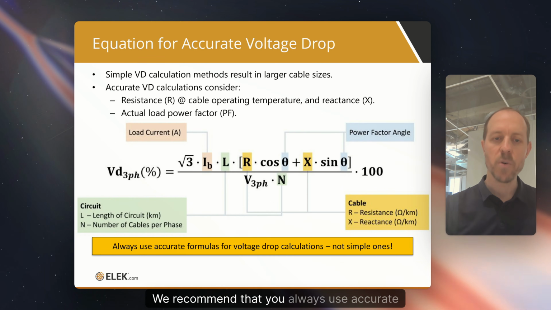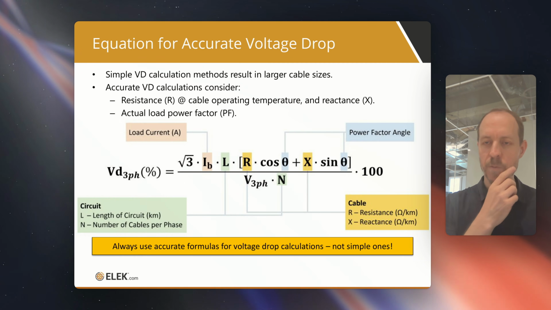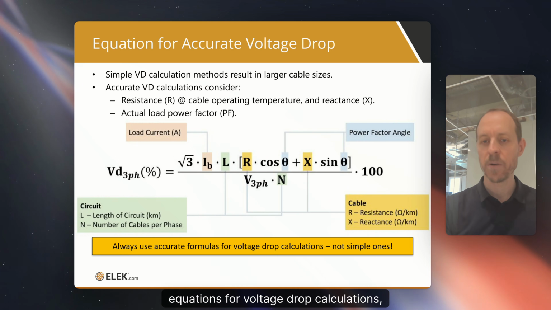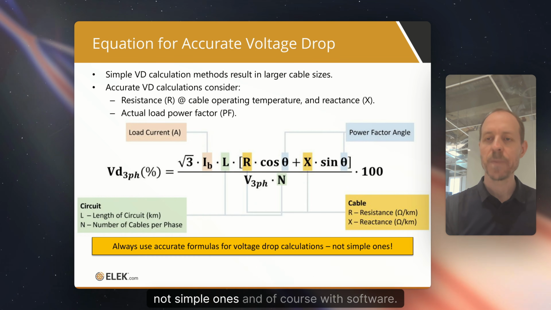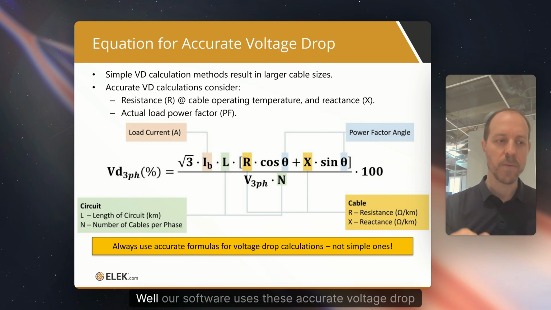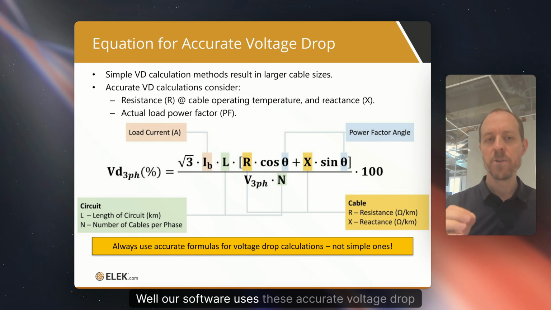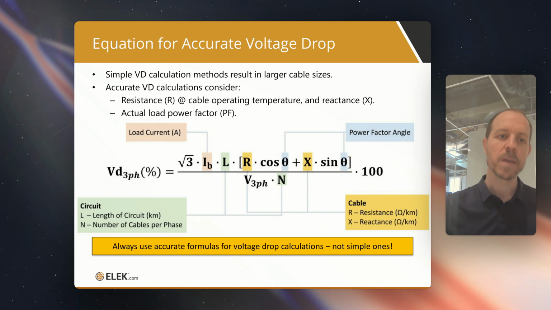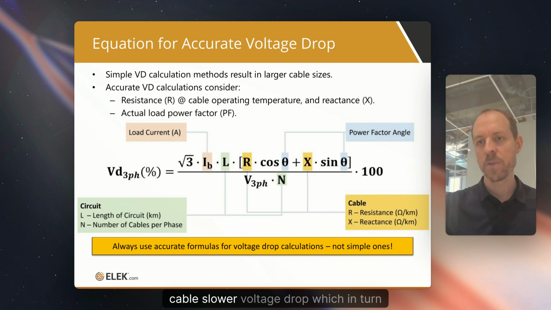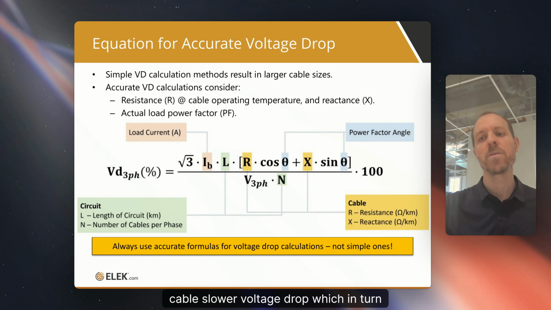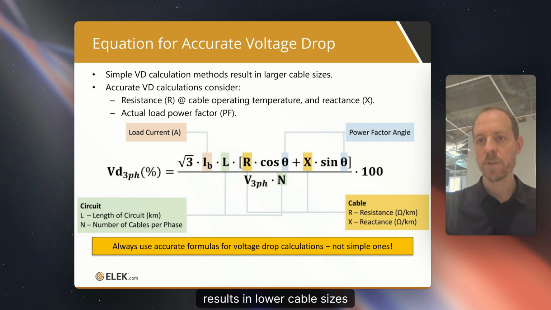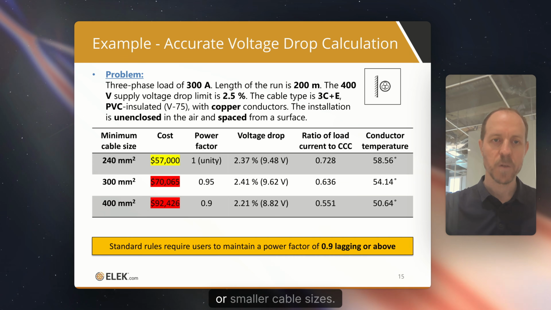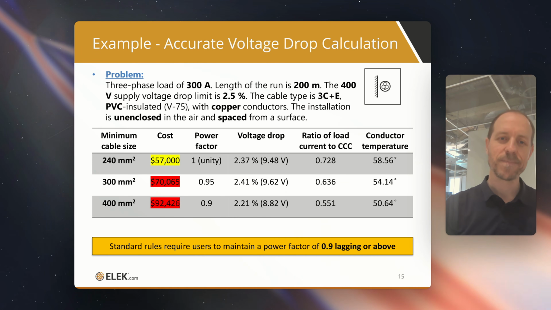We recommend that you always use accurate equations for voltage drop calculations, not simple ones. And of course, our software uses these accurate voltage drop calculations, resulting in lower voltage drop, which in turn results in smaller cable sizes.